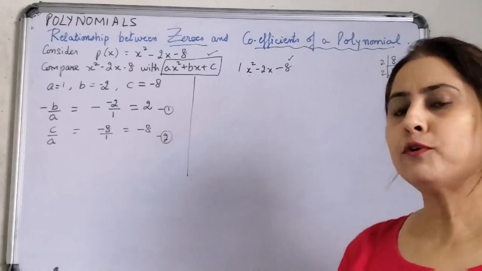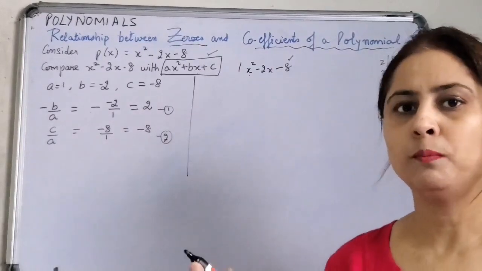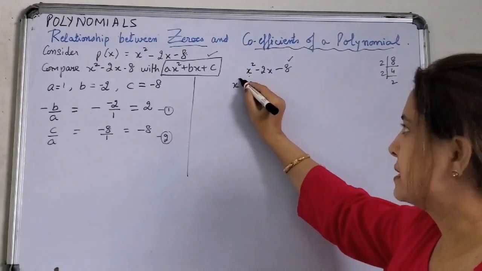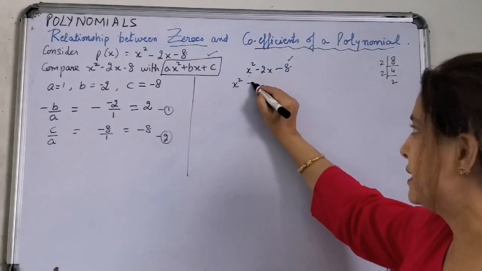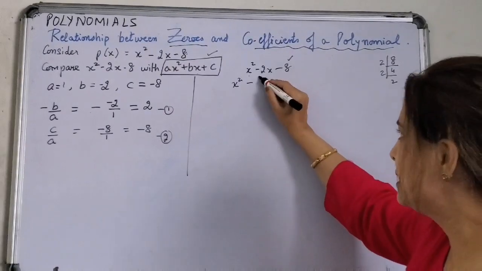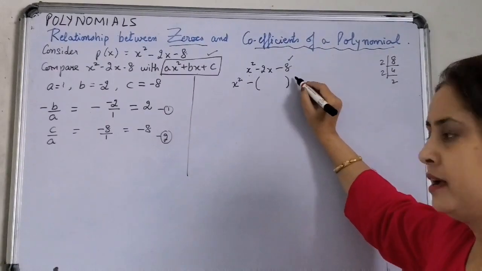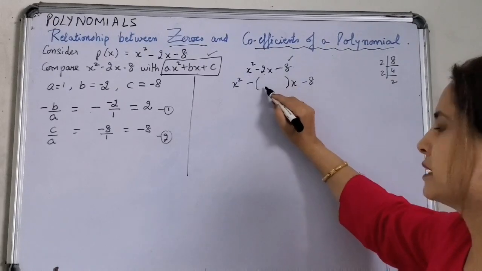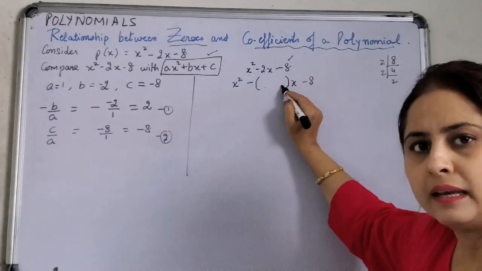If you follow this technique, you will not have to bother more about the signs. Do it somewhat like this. Write down x squared as it is, let the minus stay in its place, and just put a bracket in place of the middle term. Keep everything else as it was. Now in place of 2, you have to put two numbers. How?